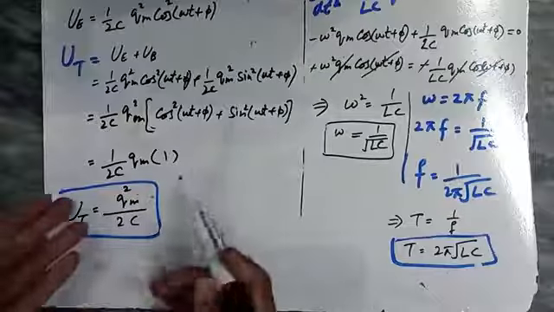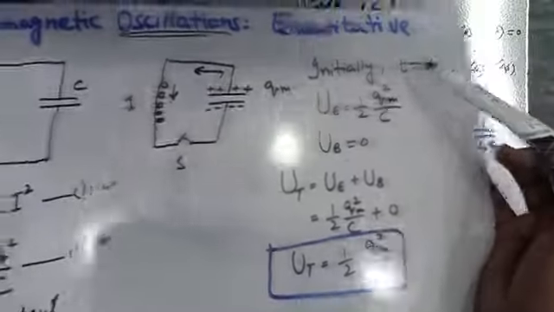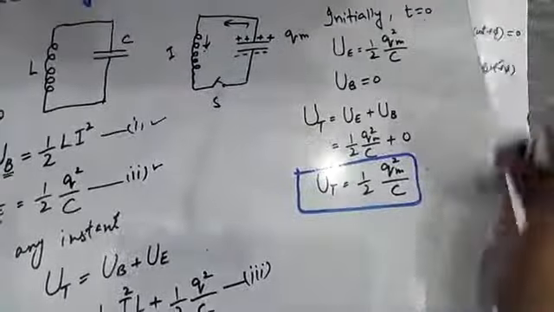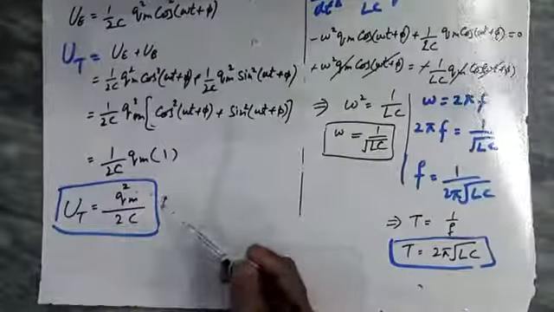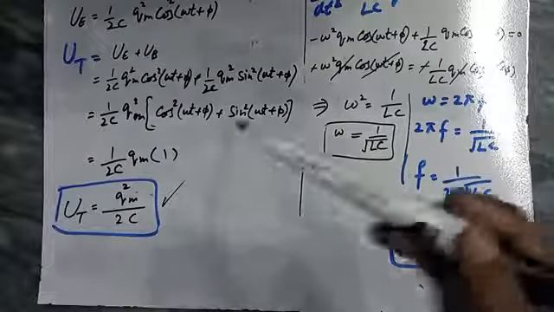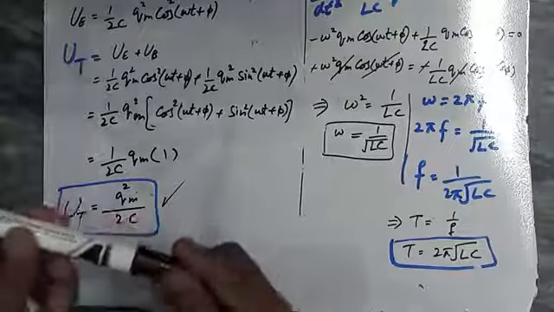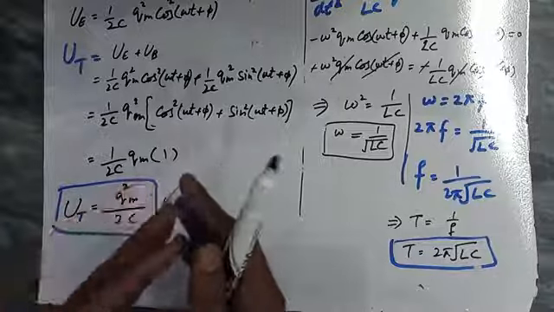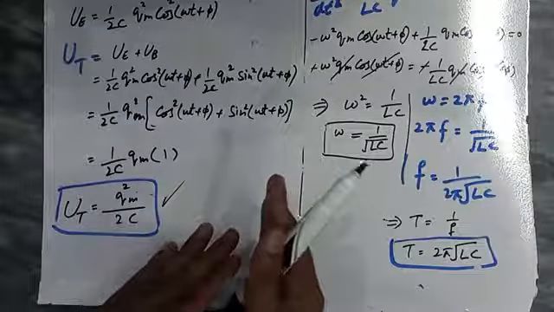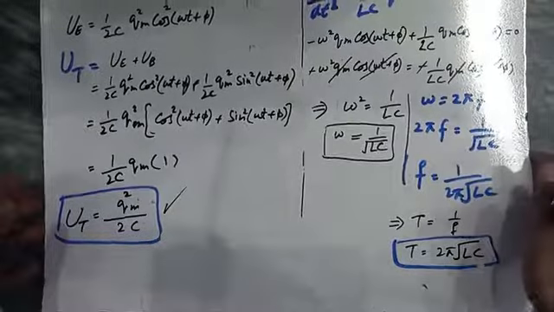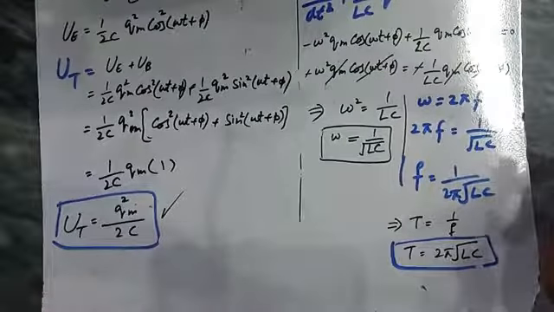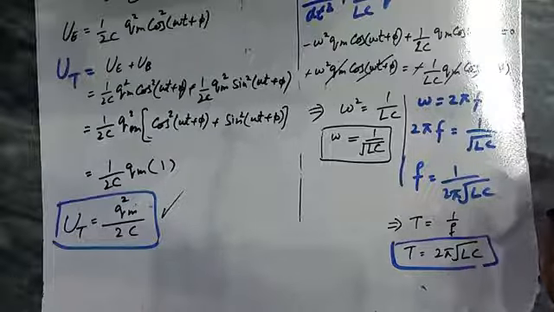And we can see that at time 0 and at time t, the total energy is the same. So according to the law of conservation of energy, if the resistance of our LC circuit is 0, then total energy remains constant as no energy is dissipated.